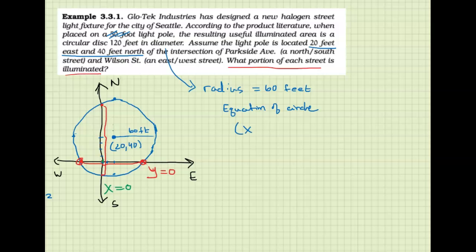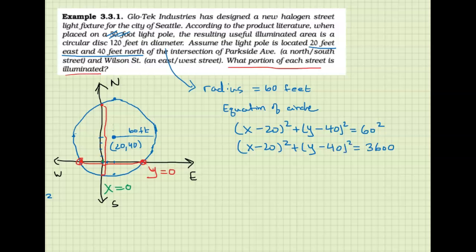So I'm going to write x minus 20 squared plus y minus 40 squared equals 60 squared, so x minus 20 squared plus y minus 40 squared equals 3600. This is a good form for the equation. Don't try to expand it out unless you need to. I'll leave it like that for now.